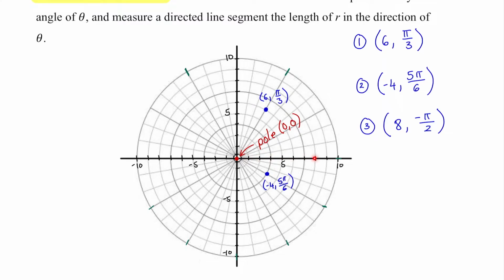Now, if the angle is positive, I will rotate in the counterclockwise direction, and if the angle is negative, we rotate in the clockwise direction. So from here, the angle is -pi over 2. I will rotate in the clockwise direction by pi over 2. So this point is the point 8, -pi over 2.